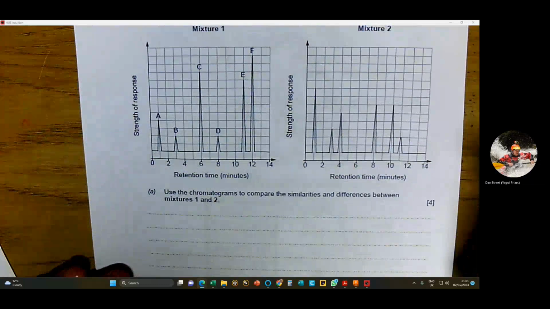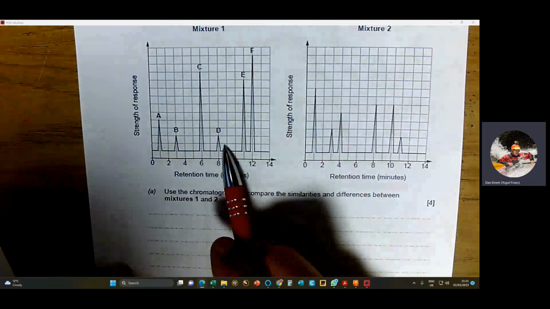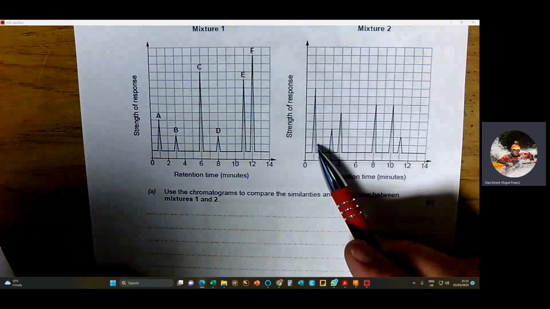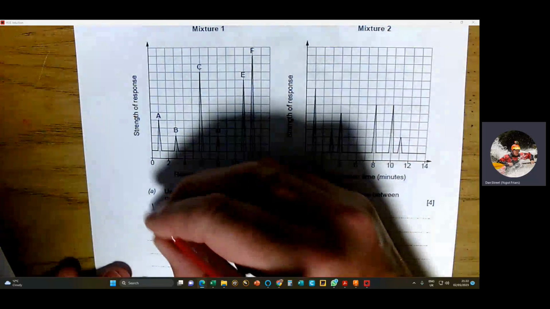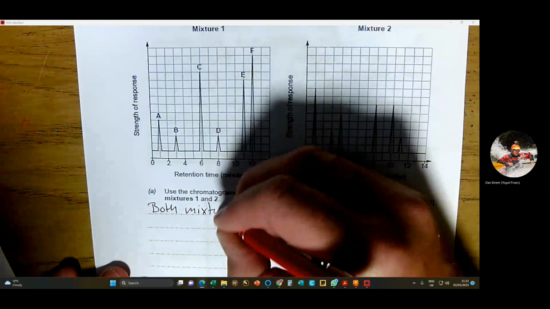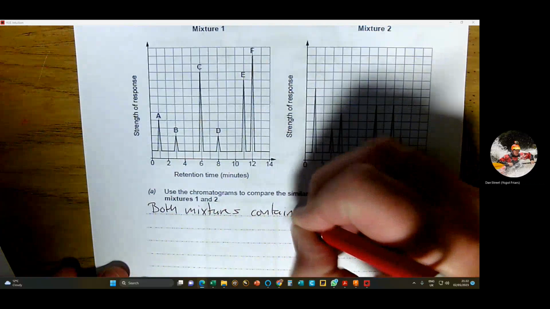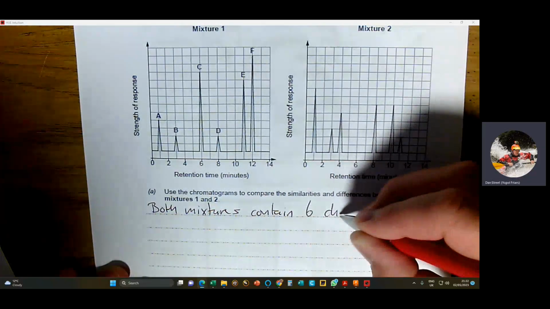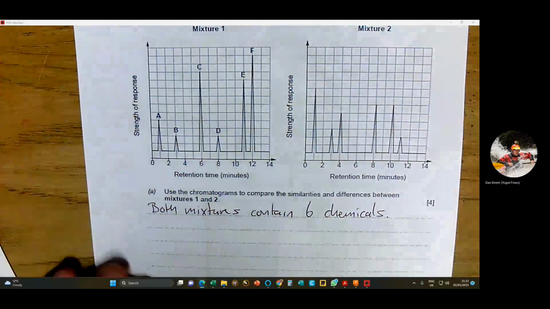If we look for some similarities first of all, in mixture 1, we've got 1, 2, 3, 4, 5, 6 different chemicals. In mixture 2, we've got 1, 2, 3, 4, 5, 6 chemicals. So we could say that both mixtures contain 6 chemicals, because there are 6 peaks.